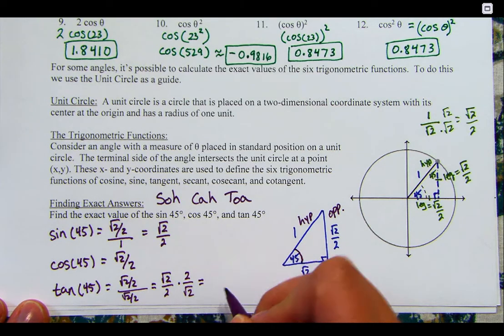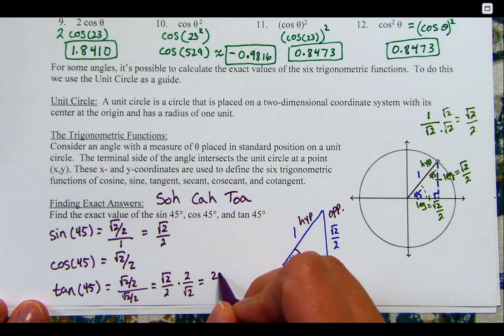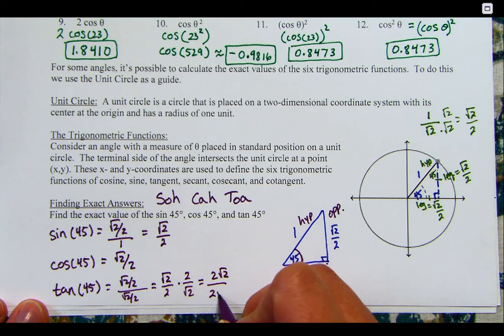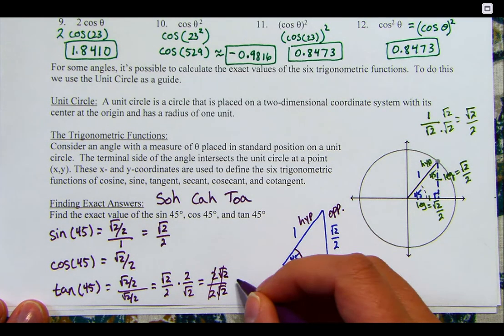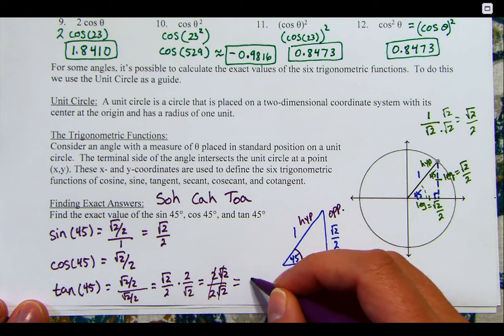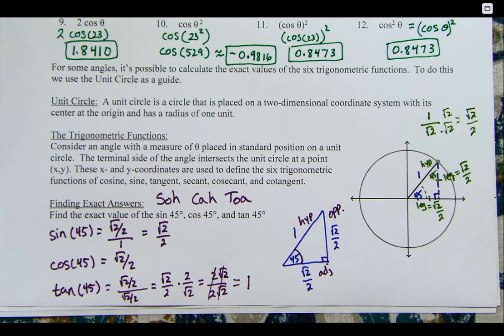So multiplying straight across, this gives me 2 square root of 2 over 2 square root of 2. So each of these just cancel out, and if we divide something by itself, we end up with 1. Okay. So the exact answer for sine of 45 is going to be the square root of 2 over 2. Same thing with cosine of 45, and then tangent of 45 is equal to 1.